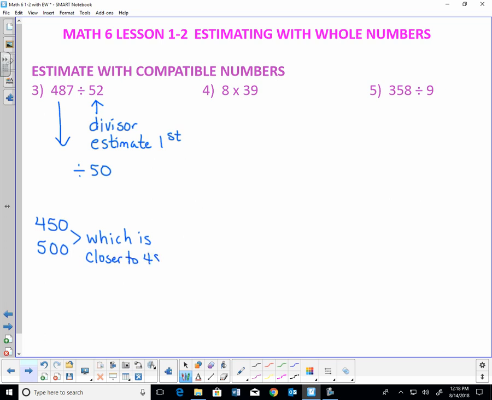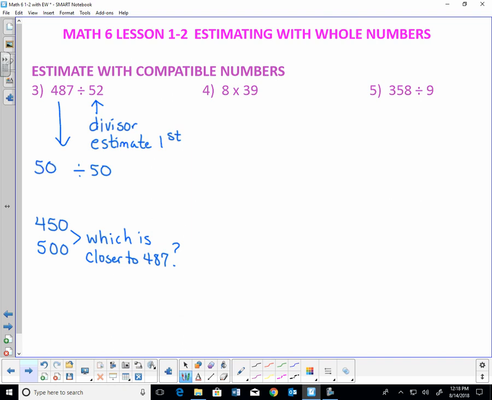Okay, that's what I need to figure out. Is 450 or 500 closer to 487? Well, 450 to 487 is 37. 487 to 500 is 13. So 500 is closer to 487, so I'm going to round my number of 487 to 500.